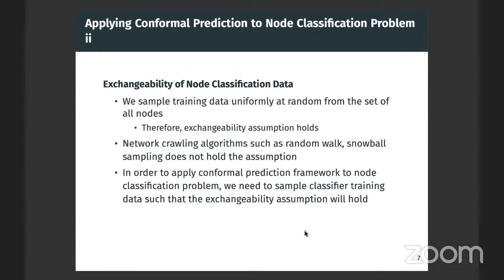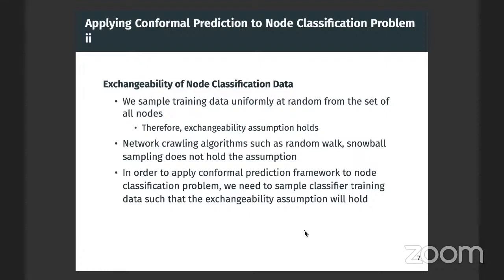So for node classification data, even though this data is connected and has connections with each other, what matters is how we sample this data to train, how we sample this labeled data in order to train our model. For example, if we use an algorithm like BFS or random walk, this data is not exchangeable because there's an order that you follow in order to collect your training data.